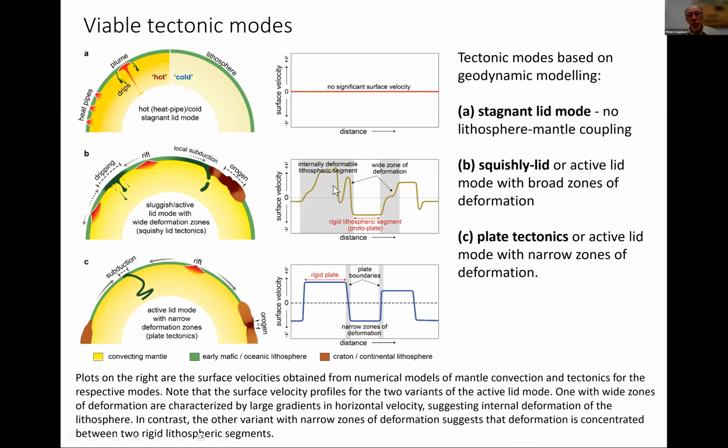In between these two modes, we have coupling between the convecting mantle and the lithosphere, but the lithosphere is still, because of high mantle potential temperatures, affected in its rheology, and it's deformable, and so we get broad zones of deformation represented by changing surface velocities, changing angular momentums.